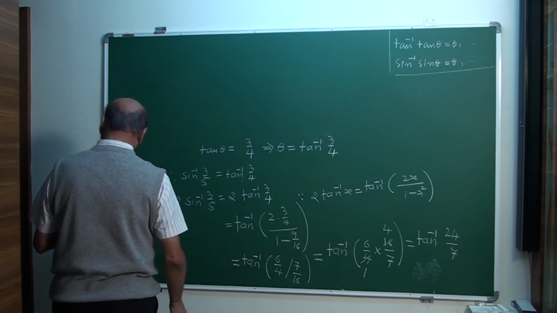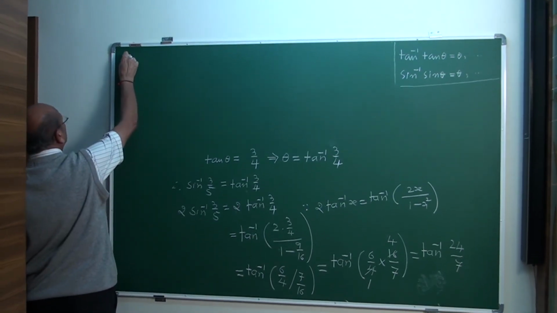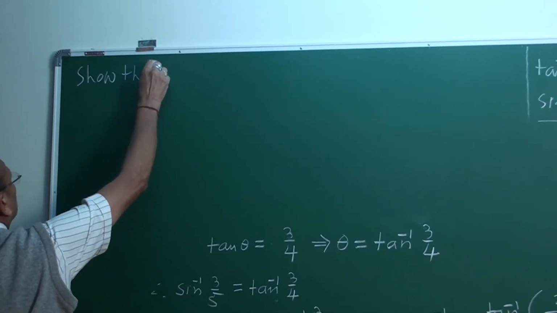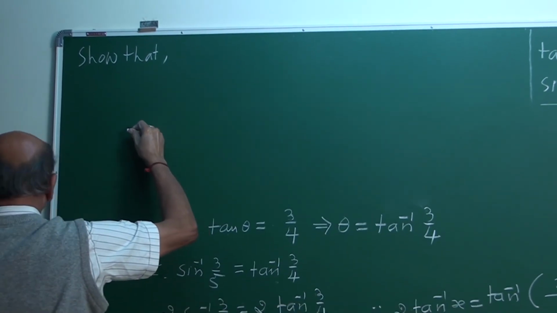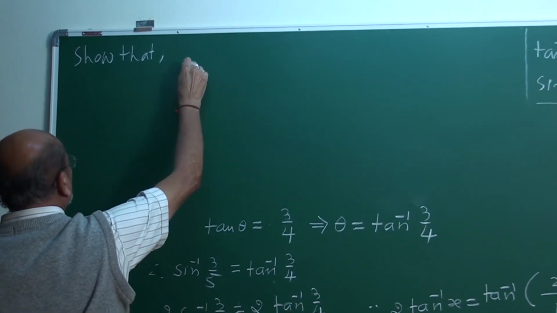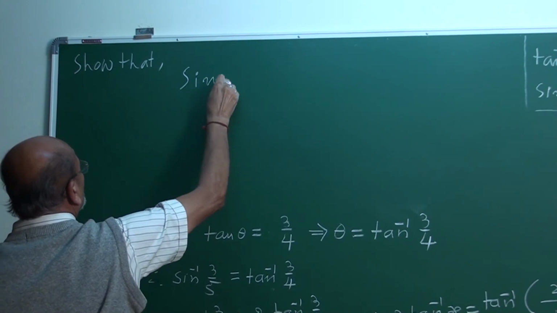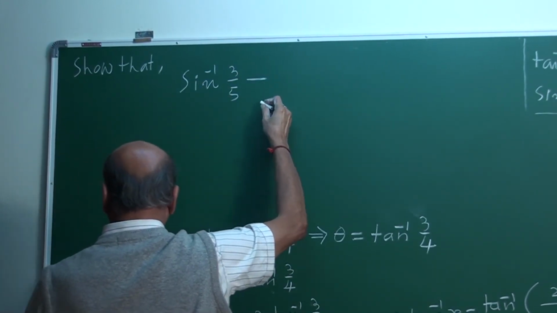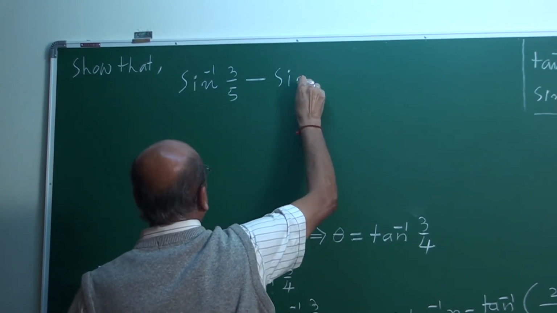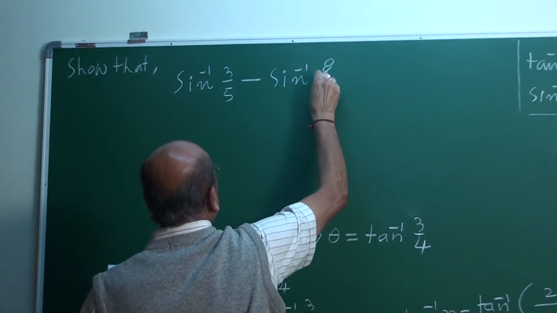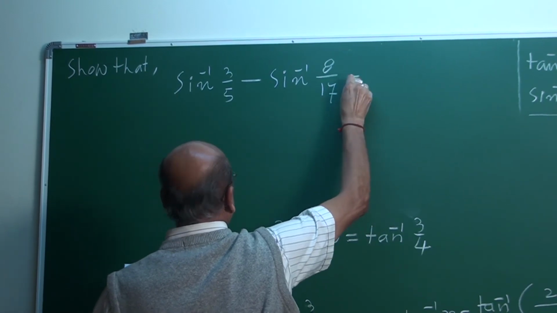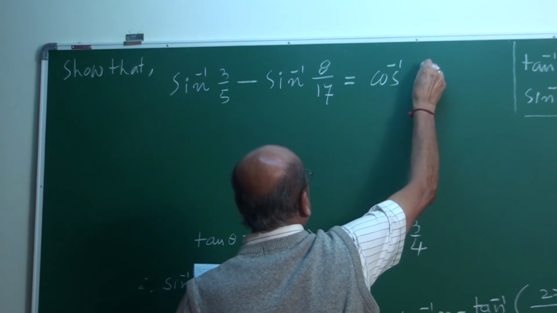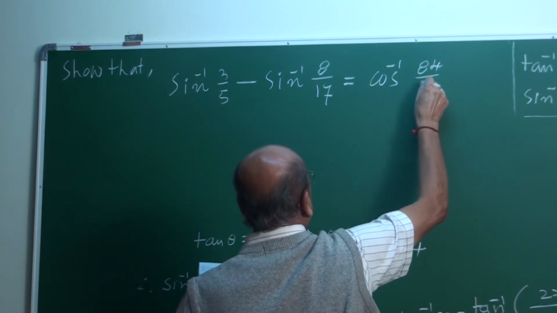Yes, friends. Last example of this: show that sine inverse 3 by 5 minus sine inverse 8 by 17 equals cos inverse 84 upon 85.